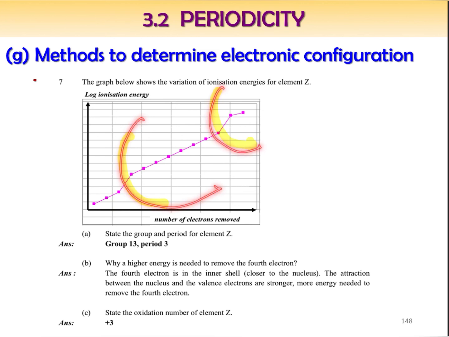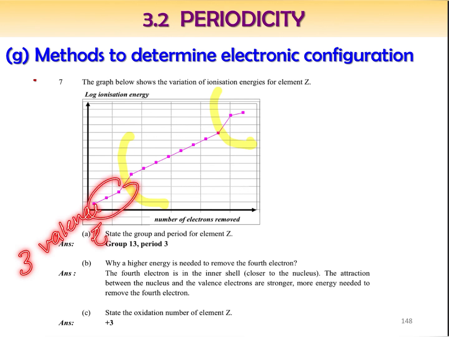The lowest energy, bahagian bawah ni, maksudnya you have 3 valence electron. So perbezaan yang kamu nampak sini dekat IE3 dengan IE yang keempat. So maksudnya elektron yang keempat ni is being removed from the inner shell.